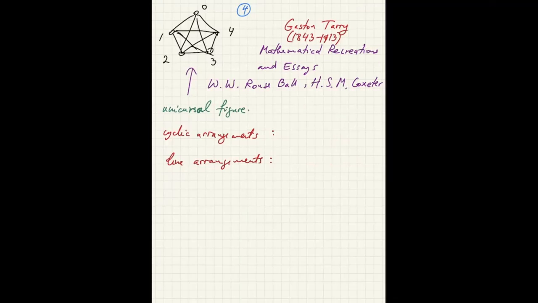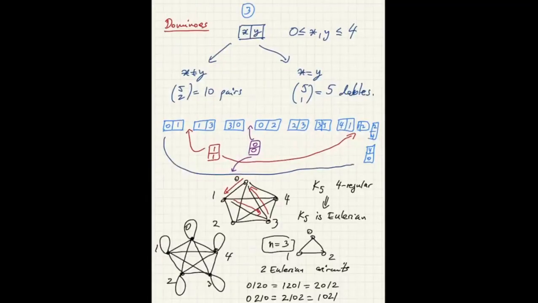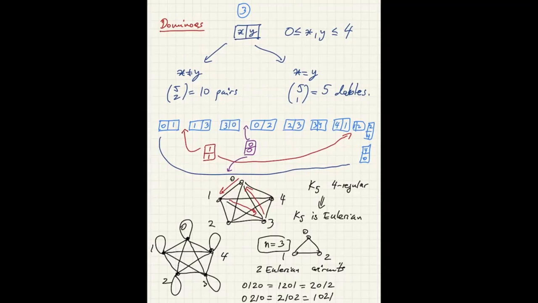If we have a number A of cyclic arrangements, then A would be the number of these Eulerian circuits in Kn, so things like this blue arrangement that we drew here.